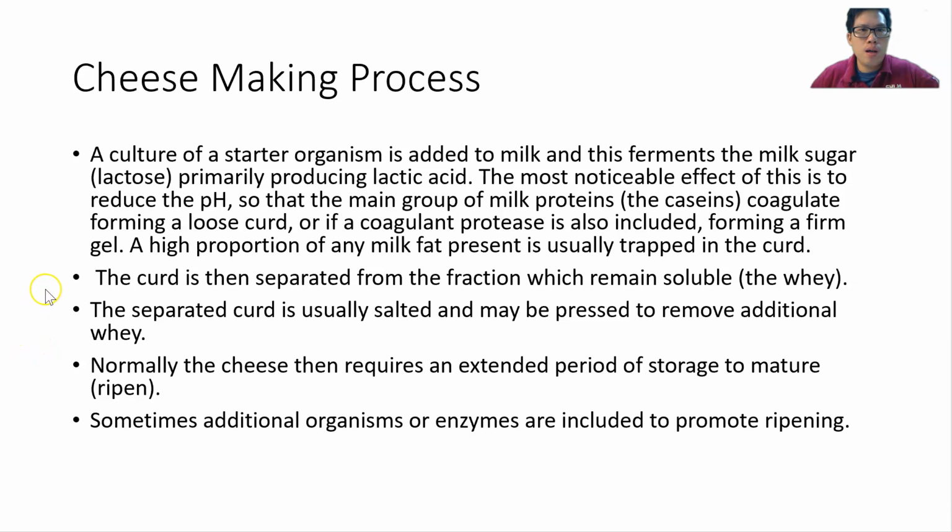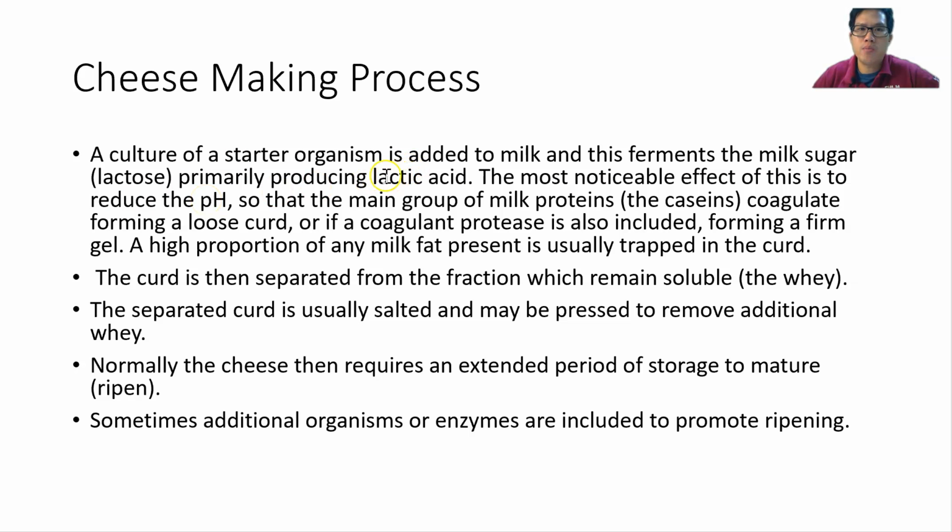So how is cheese made? First, a culture of starter organism is added to the milk. This ferments the milk sugars, primarily producing lactic acid. I think I have mentioned this before, through the glycolytic pathway. The most noticeable effect of this is to reduce the pH, due to the production of lactic acid.